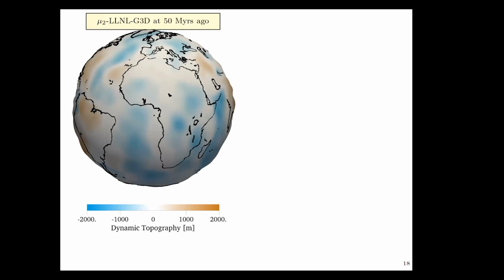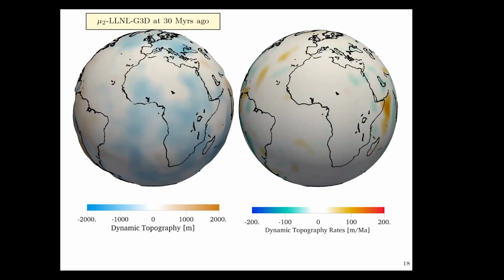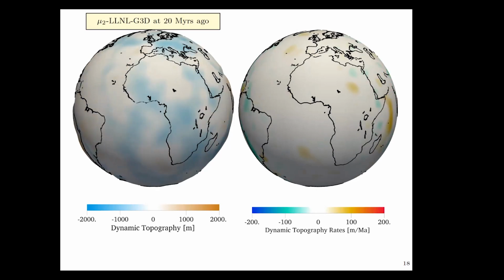So this is Africa 50 million years ago. For much of this time, Africa is low-lying, so a low-standing negative signal is observed there. And as we go forward, there is not much uplift signal observed in this model for the high viscosity.